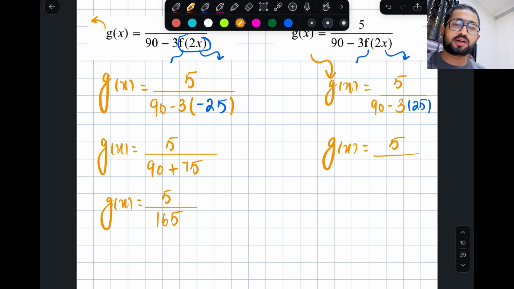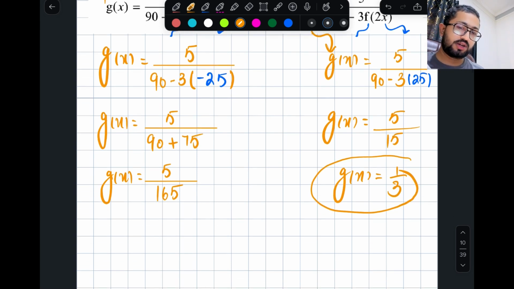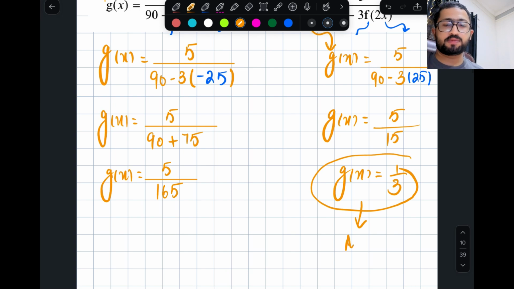And 90 minus 75 will be equal to 15. So g of x will be equal to 1 over 3. What is the minimum value? This is the minimum value.